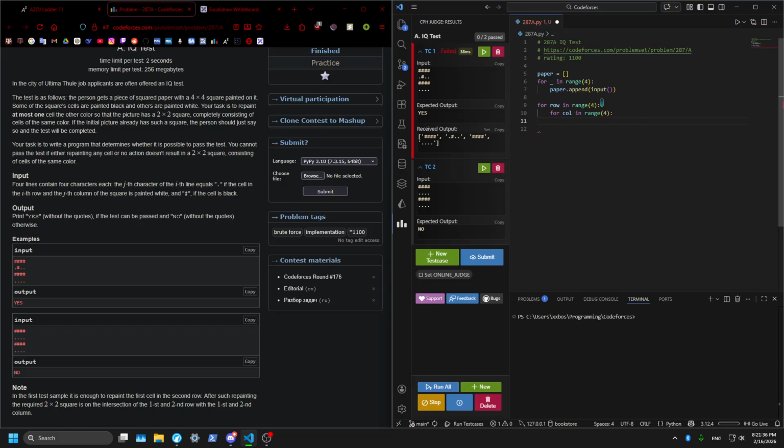Or in column 0, row 0, if row, no, if column.